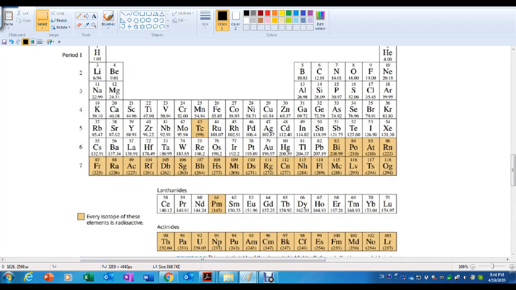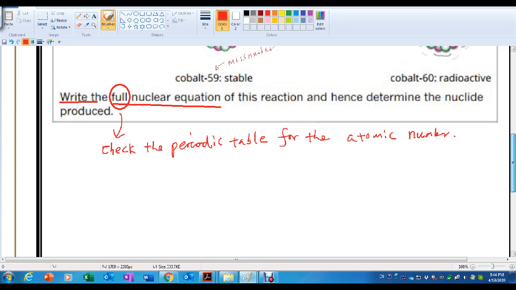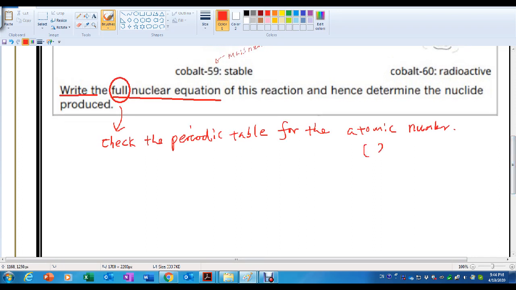Where is it? We need to find cobalt, Co. Here it is. Where is the atomic number? It should be 27. So we know that for cobalt, the atomic number is 27.